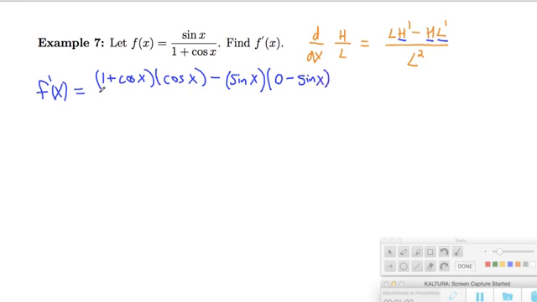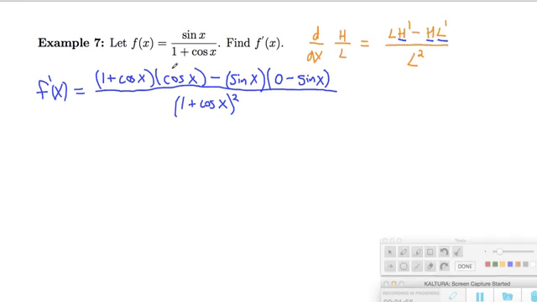From there, this is all over low squared. So at this point, we've technically calculated the derivative. Anything we do after this is just simplification.